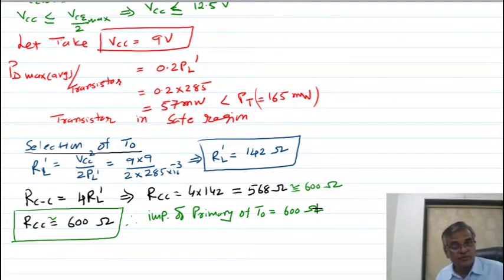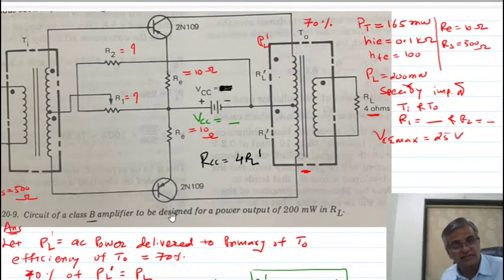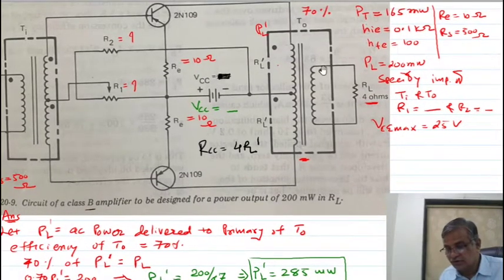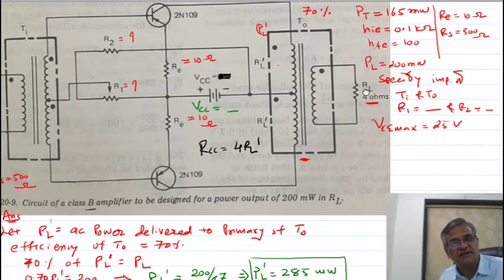Now the secondary impedance. According to the maximum power transfer theorem, the impedance of the secondary should be of the order of the load RL.